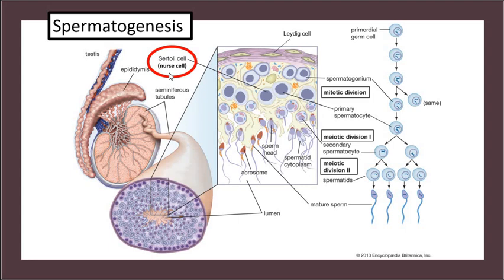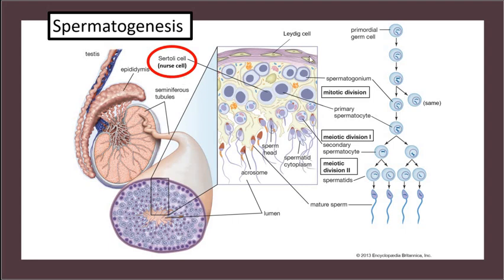The sperm cell does not make food, it does not create energy, it does not do anything other than consume energy and develop. All of the cell functions are done by the Sertoli cells. Okay, so they will take care of the cell that is going to become the sperm.